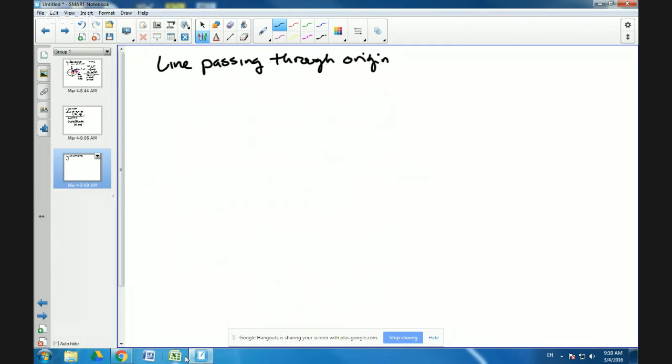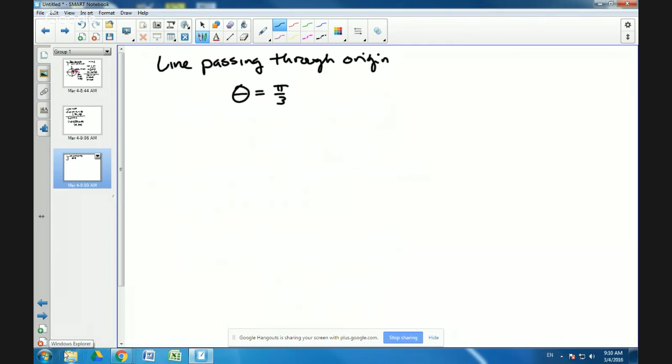So it would just be some angle. So how would we write that? The equation of a line might be like theta equals pi over 3.